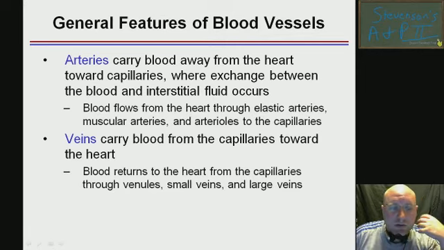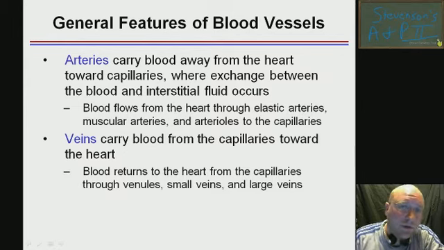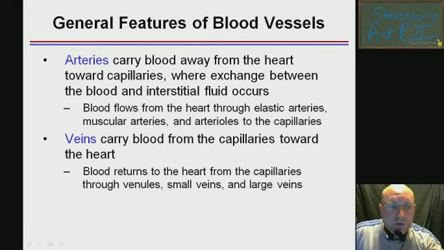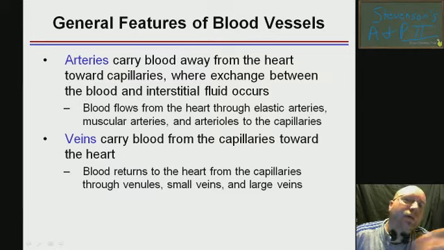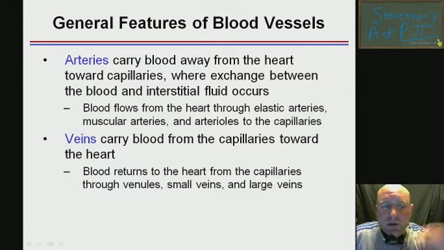So the thing that you could say is always true of arteries is that arteries are always going away from the heart, toward the capillaries where exchange is going to happen. Blood flows through the elastic arteries, muscular arteries, and arterioles, and then eventually reaches the capillaries, where gas exchange, waste exchange, all exchange will happen.